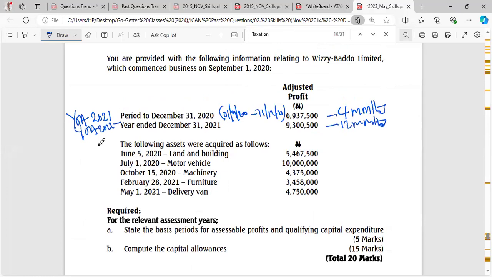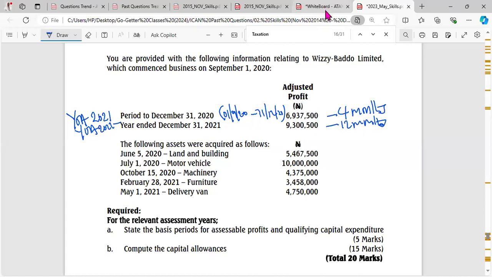So even though you bought it on June 5, you did not use it in the business until September 1. So you will take it as though you bought it on September 1, because it's on September 1 that you put it to commercial use. So your annual allowance will start counting from September 1. The same thing with the one bought in July, it will start counting from September 1.